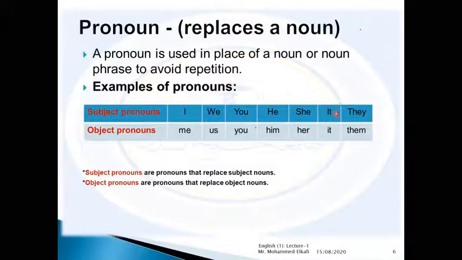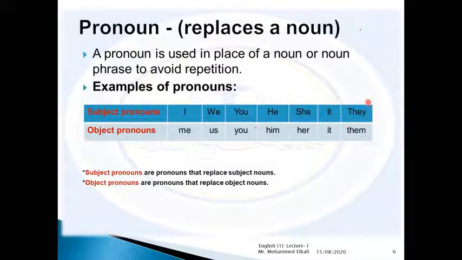The cat drinks milk, so here we can say, it drinks milk. Instead of saying the name of the animal, cat or dog or something.